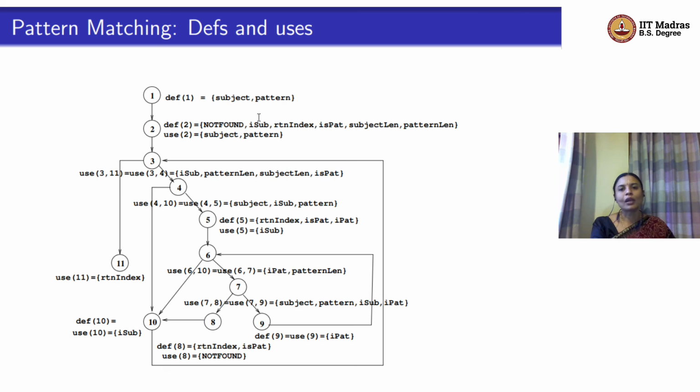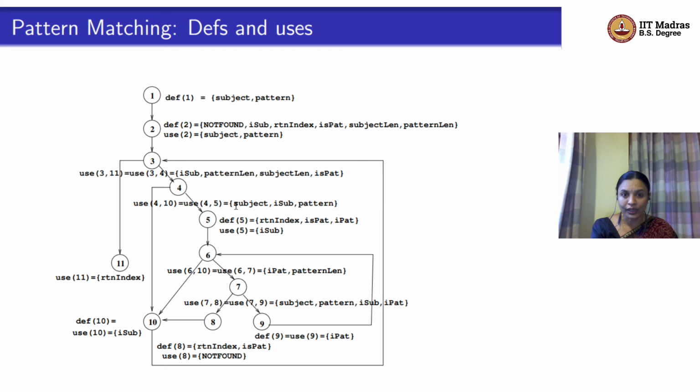Where else is the subject that is defined at 1 used? Let's go down 1, 2, 3. Subject is used in the edge 4 to 5, that is, in the if statement corresponding to that edge. So use of the edge 4 to 5 and use of the edge 4 to 10 are both subject.